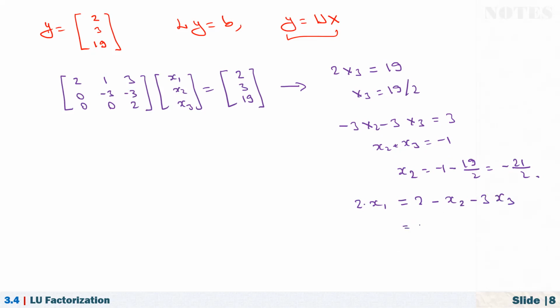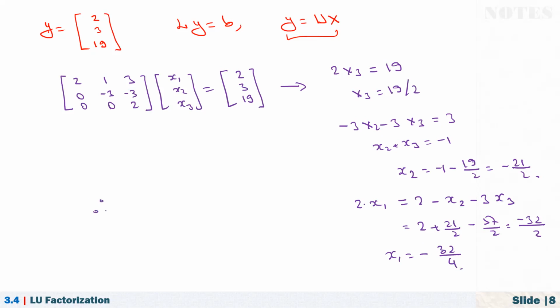So that's equal to 2 minus x2 is plus 21 over 2. And the x3 minus, it is 57 over 2. So that's equal to 2, 4, 25, 25 minus 57, it is minus 32, right? So from here, x1 is equal to minus 32 over 4.